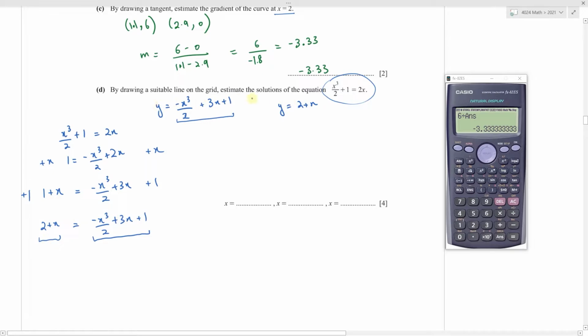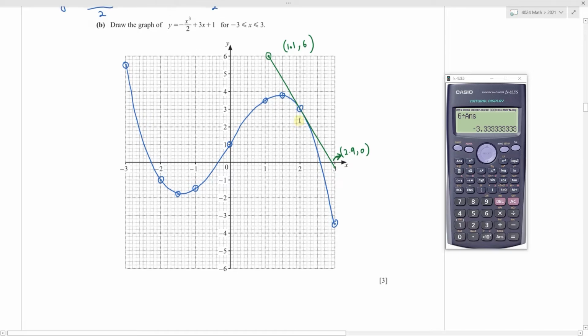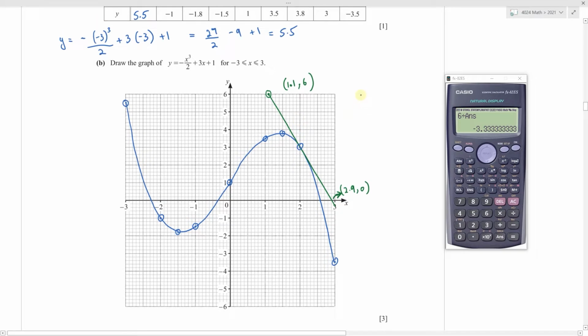So to find the solution from the graph, I need to draw the straight line for the equation y equals 2 plus x, and the intersection of this line with the curve of this equation will basically give me the solutions for x. So I have to plot y equals 2 plus x.